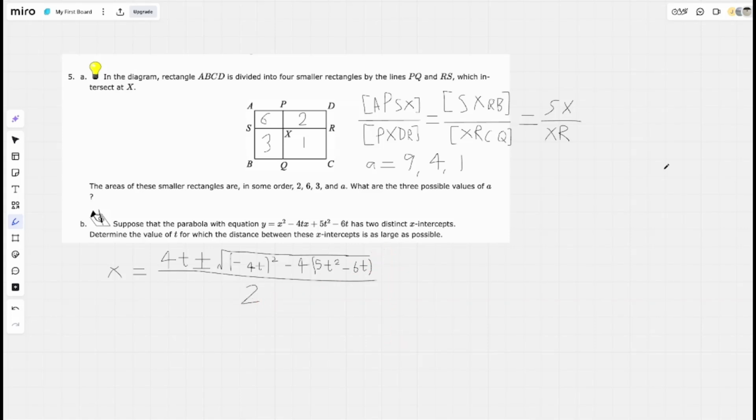Now, you can try to simplify this, but we don't care exactly what the x-intercepts are. We just want the difference, the distance between the x-intercepts, and that lies in this part of the expression here.